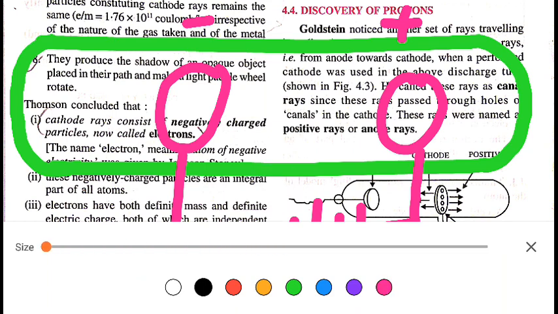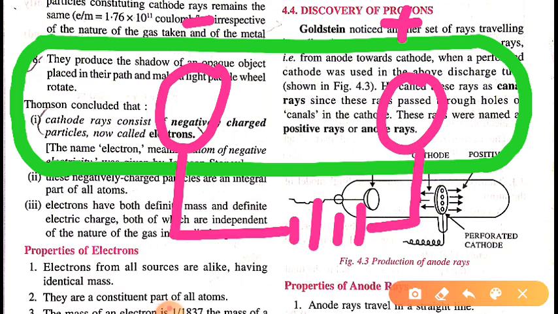In the J.J. Thomson experiment you saw that both electrodes were the same, but in the discovery of the proton there is a difference in the cathode. Suppose this is a cathode. In this cathode he used a perforated cathode.